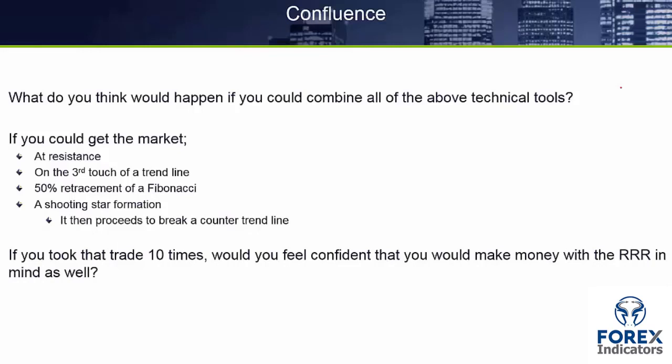That's what we're talking about when we say high probability trades. You're looking for opportunities for when things align. You could just trade the Fibonacci, you could just trade candle formations, you could just trade counter trend lines, you could just trade any of them individually. But if you combine the lot together, imagine the power, and the probability of that trade working is very, very high.